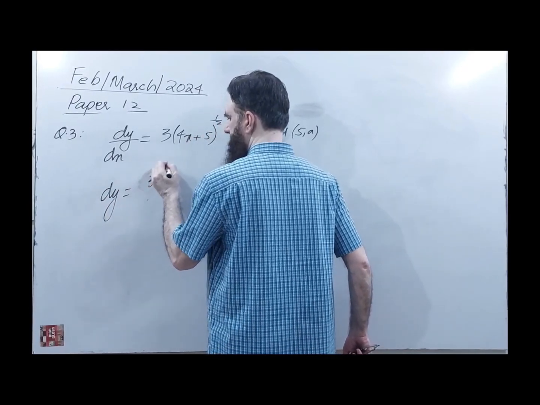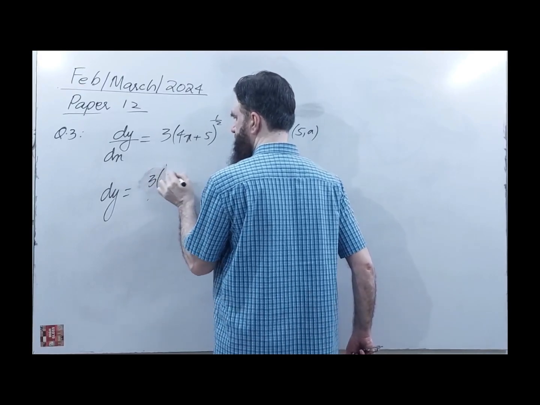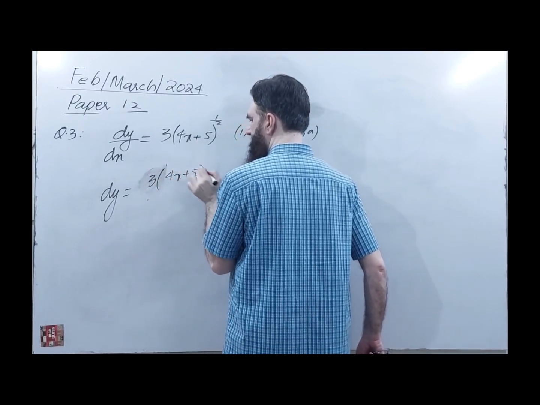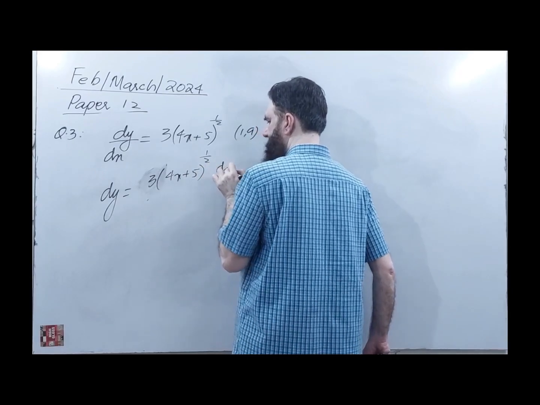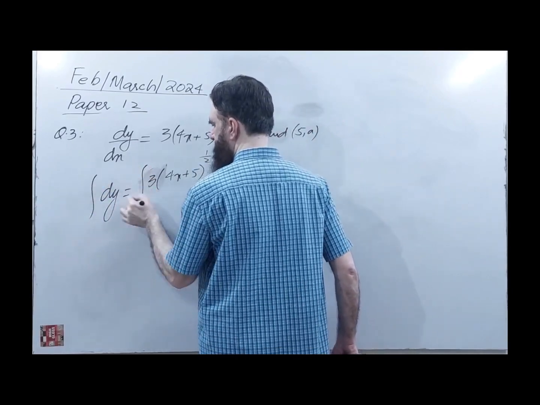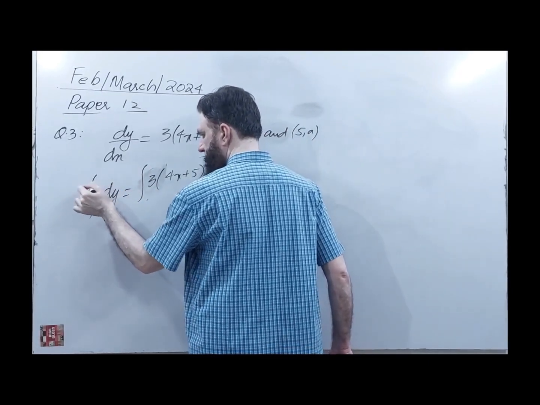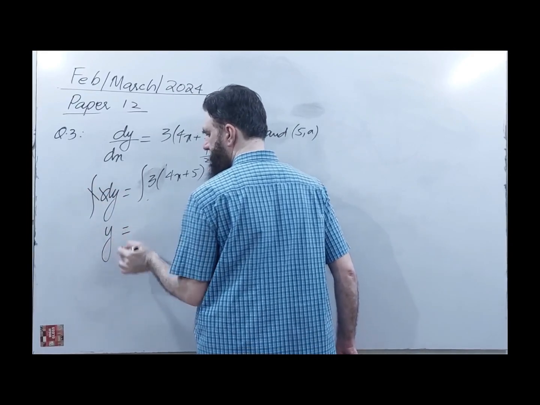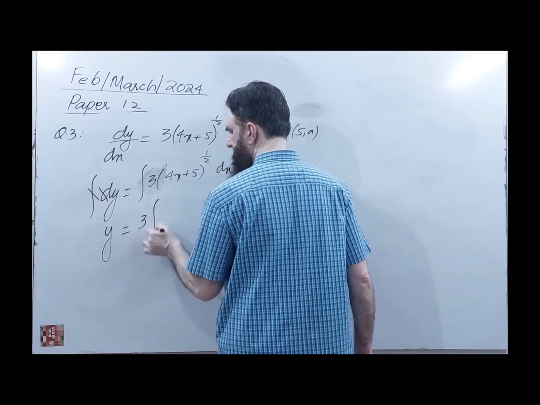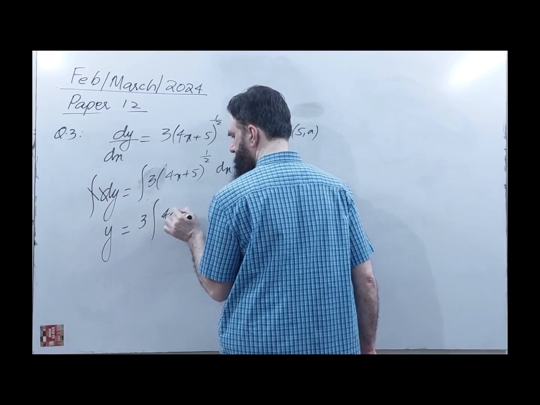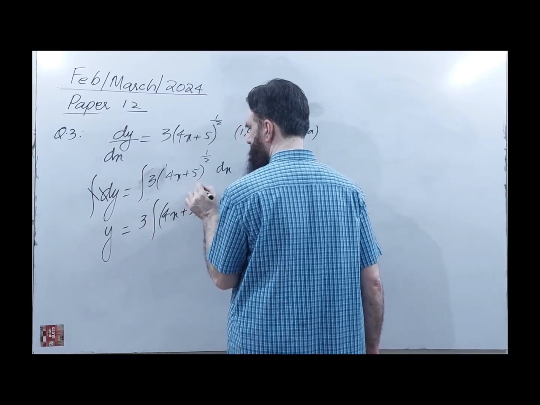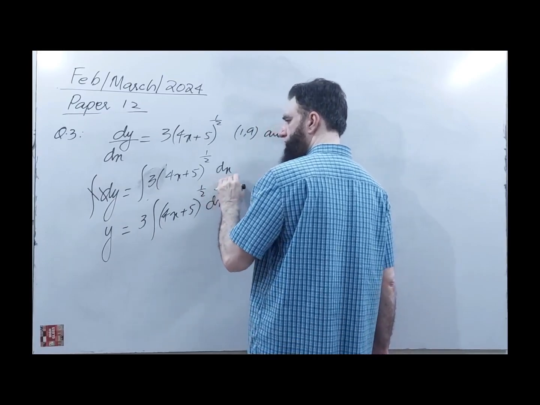Bracket 4x plus 5 power half. This dx comes here. You apply the integration sign on both sides. This is the derivative of y. The integration and derivative cancel out. This is y. 3 goes out. So the equation becomes this. This is the equation. You can skip this step.